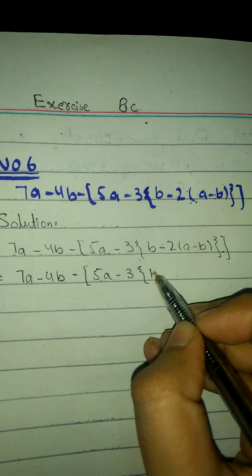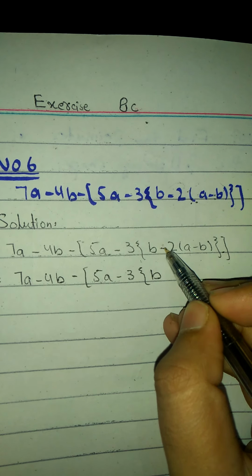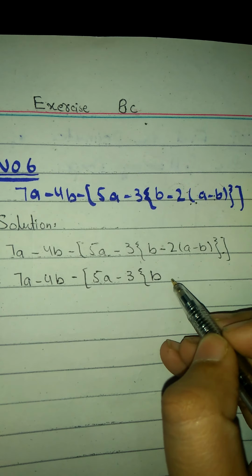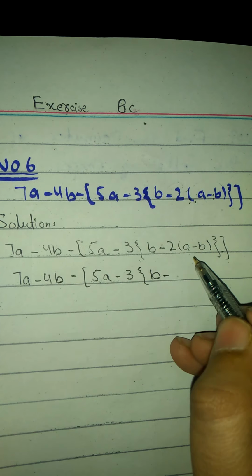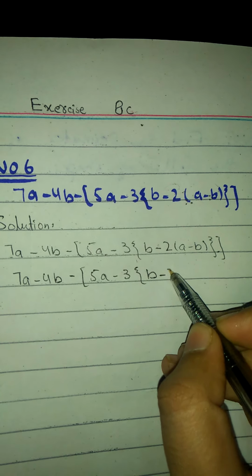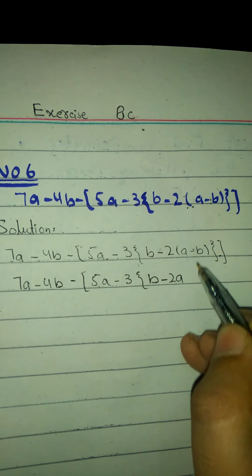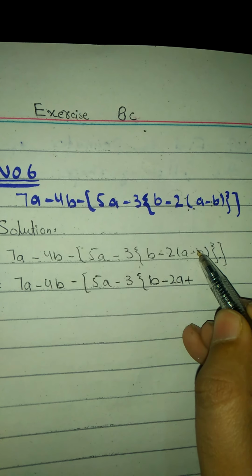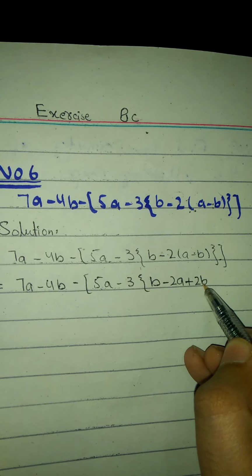So b will remain as it is, and we will multiply -2 with a. The minus and plus signs will also be multiplied. 2 multiplied with a, 2a, minus minus plus, multiplying 2 with b, we get 2b.